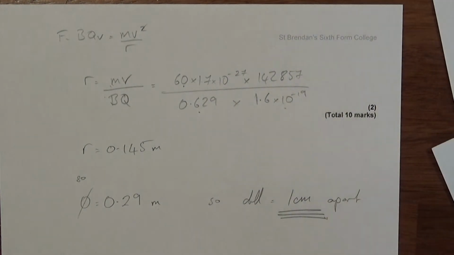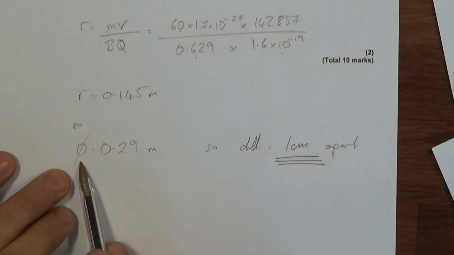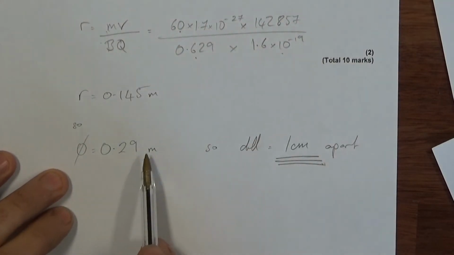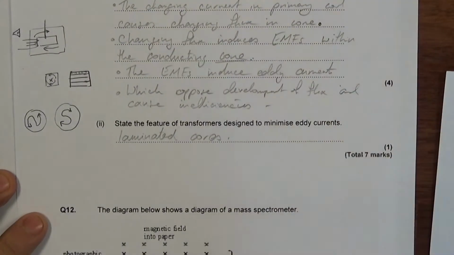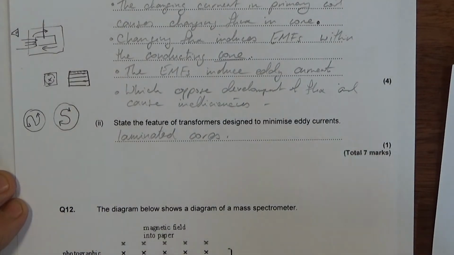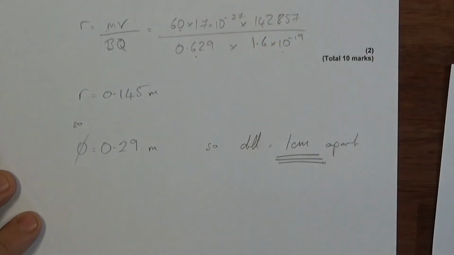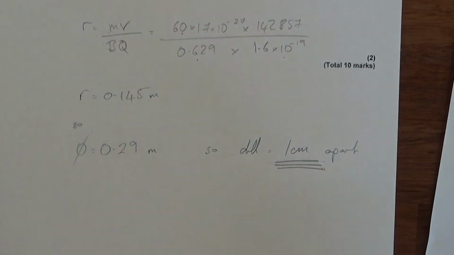When you do that, you get a radius of 0.145, which gives us a diameter of 0.29. The first one was 0.28, and we've now found our heavier one goes to 0.29. Now that means the difference is that they land 1 centimetre apart. And that is all there is to do for this bit.